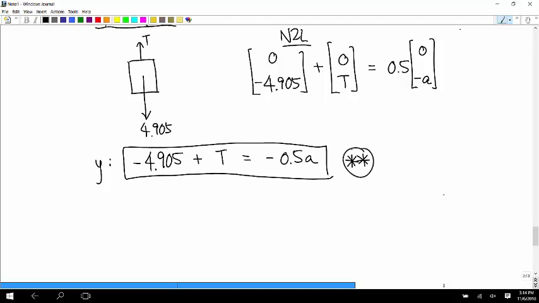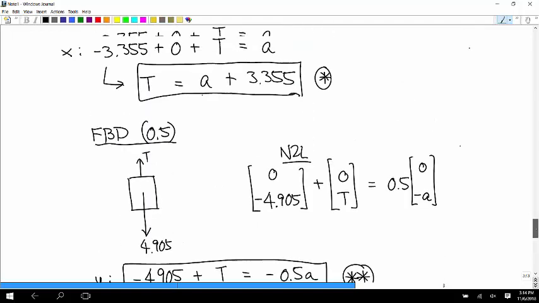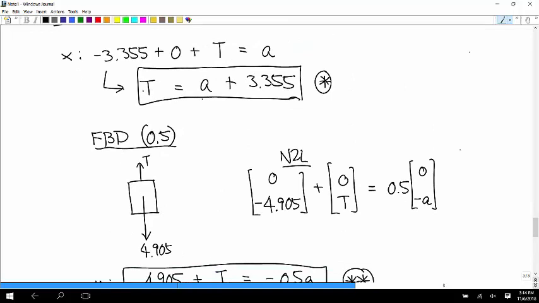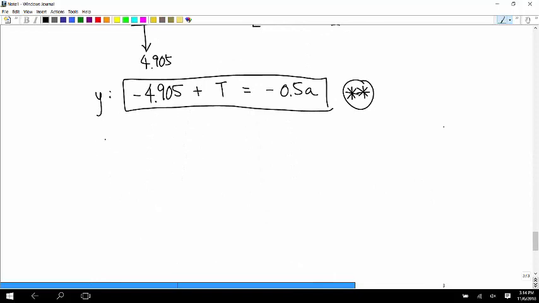Now equation star and equation 2 star are two equations for the same two variables. So we can substitute this expression for T into equation 2 star. I'm going to sub equation star into 2 star.